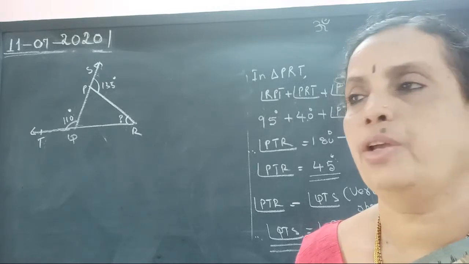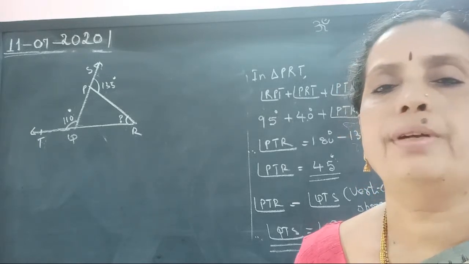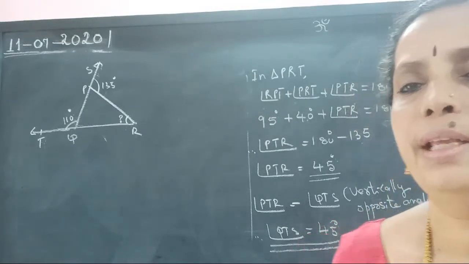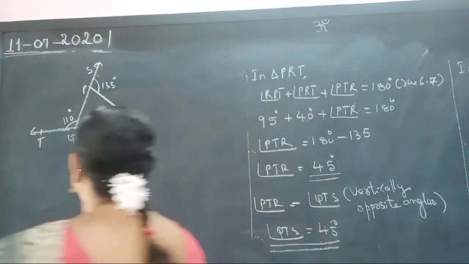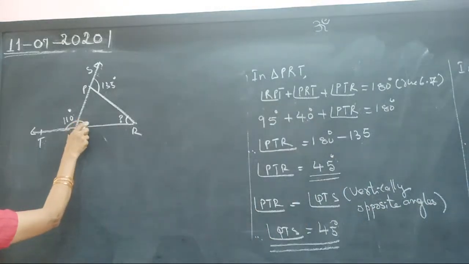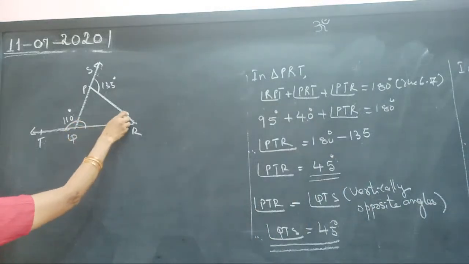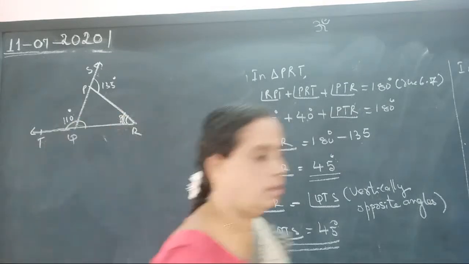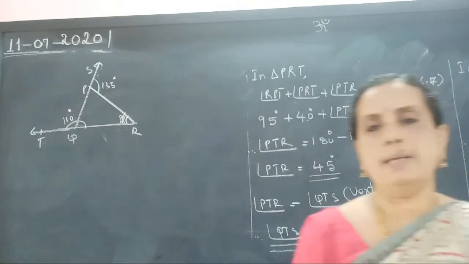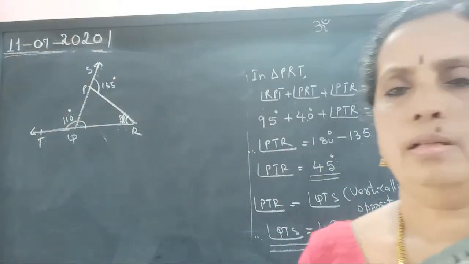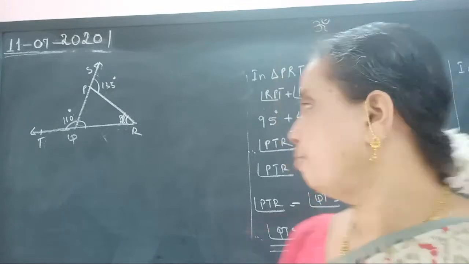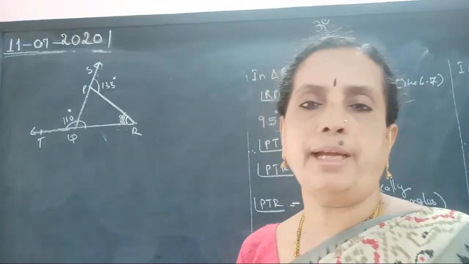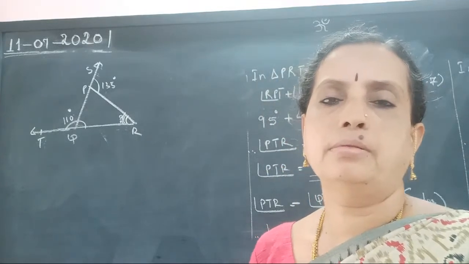Yes, Divya, you are right. 65 degree. That is, first apply linear pair, then apply the exterior angle property. First, by applying linear pair, that left part of the board work is already over. I have to go from left to right side.